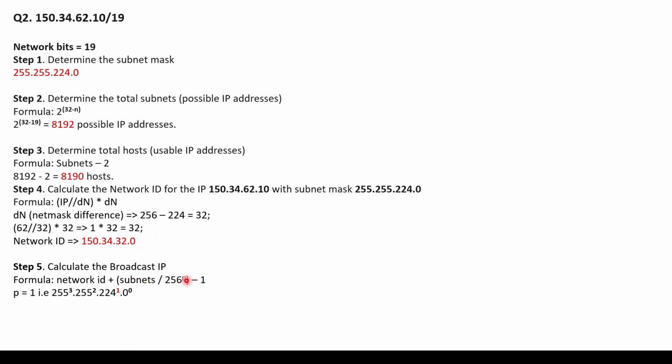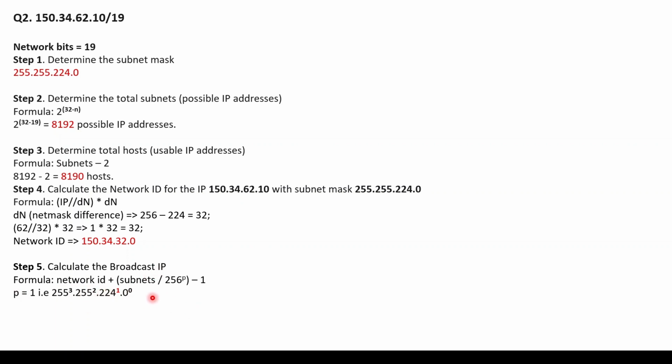Now, our p is 1. Remember, the target octet, because from this IP, 150.34.62.10 in a /19, our target octet is this one. Counting from the right, we have position 0, position 1, and that is what we want. So our p here is 1.